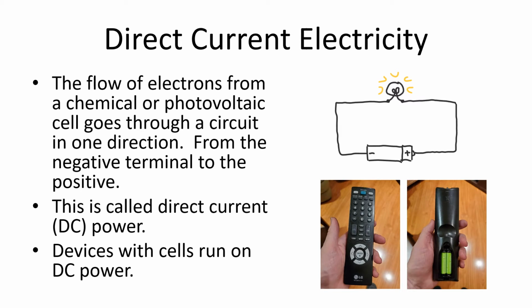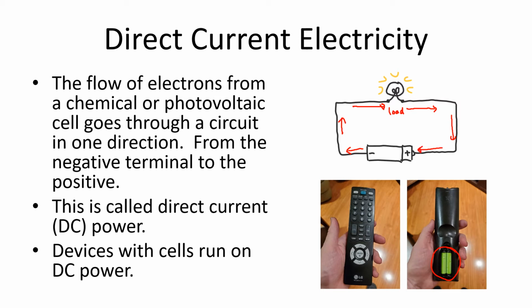The type of energy that all those cells produce, whether it's the fuel cell or the electrochemical cells in a battery or the photovoltaic cells in the calculator, all produce electricity that flows in one direction. It always leaves from the negative terminal, and then it's going to go through whatever the load is here, and then in this case it's a light bulb, and then it has to return to the positive terminal.